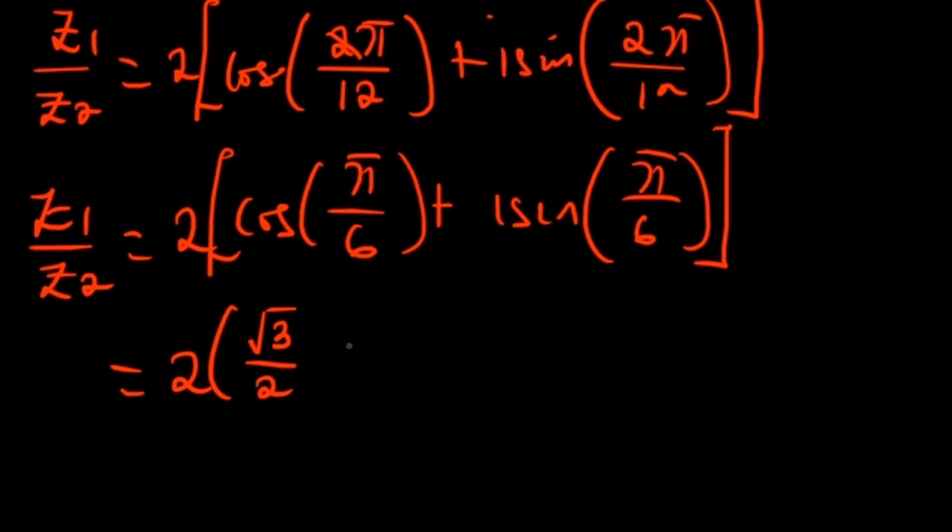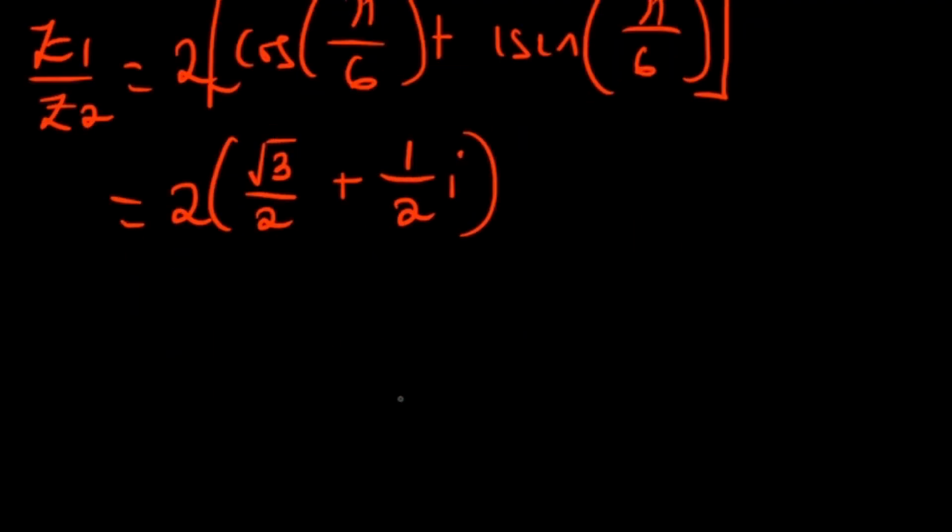And then we have plus. So let's take the sine of pi over 6. I'm getting 1 over 2. So we say 1 over 2 and then multiply by I. You have to always include the I because it indicates you're dealing with the imaginary part.